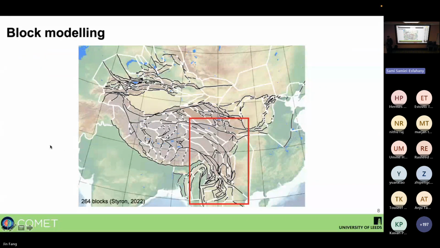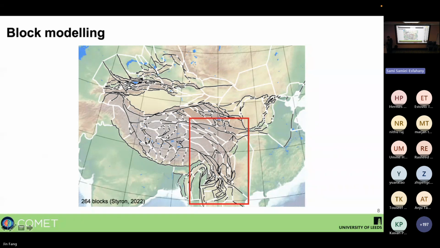In block models, we divide a region into small blocks that rotate relative to each other. This can be really efficient if we have sparse geodetic data, but it does get challenging with complex fault arrays or where some faults haven't been mapped.